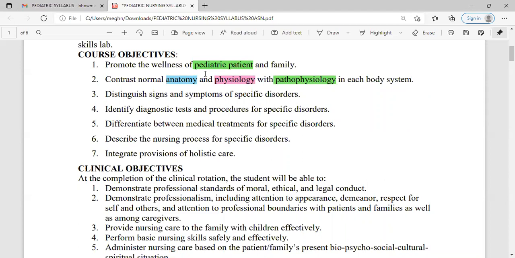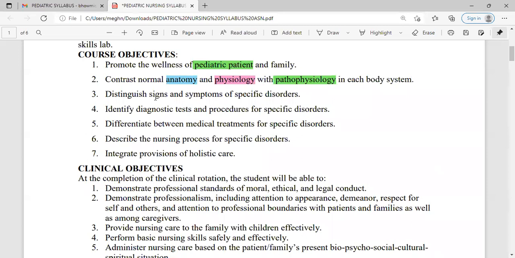Inspiration, expiration, oxygen and carbon dioxide exchange. This is physiology. Like if a patient develops cancer in the lungs, cancer cells develop, or COPD, this is the pathophysiology with signs and symptoms. Every system we will go through in a very systematic way.